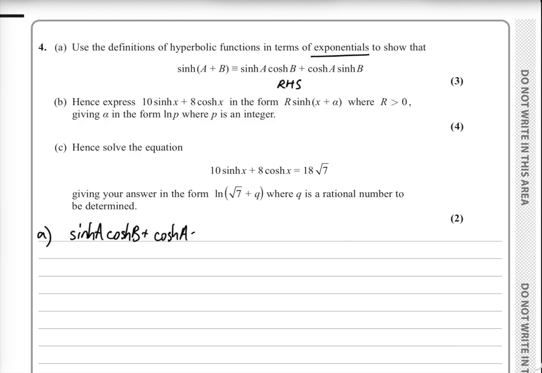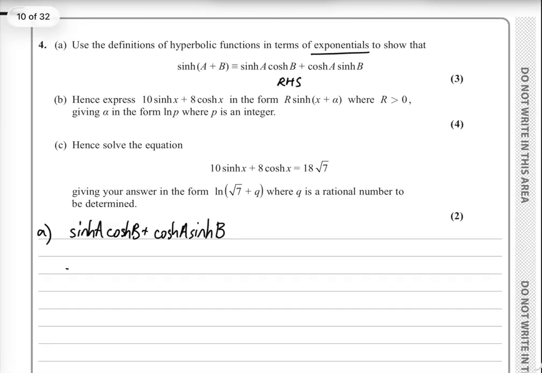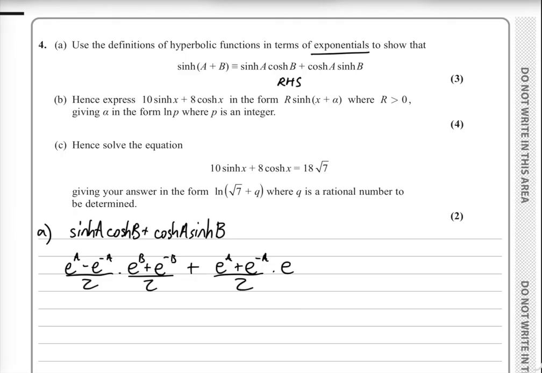Usually I just start with the left, but in this case, starting on the right with this, cosh A sinh B, putting in all of these, we've got e to the a minus e to the minus a over 2 times e to the b plus e to the minus b over 2 plus e to the a plus e to the minus a over 2 times e to the b minus e to the minus b over 2.